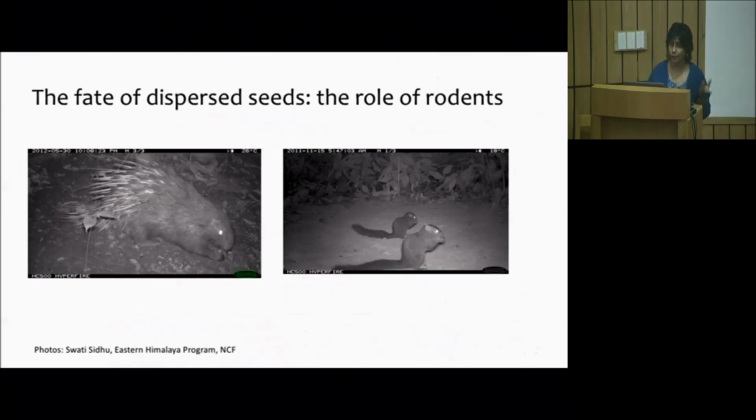Are they mostly removing it, or are they predating it on site, which means those are gone? But if they are removing it and caching it or taking it away, there is a chance that rodents are changing the template of seed dispersal created by hornbills by thinning out the seed densities at nest trees and taking them away.